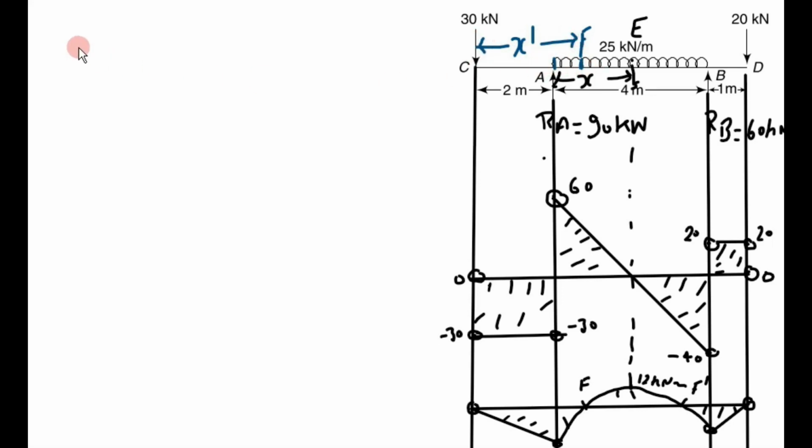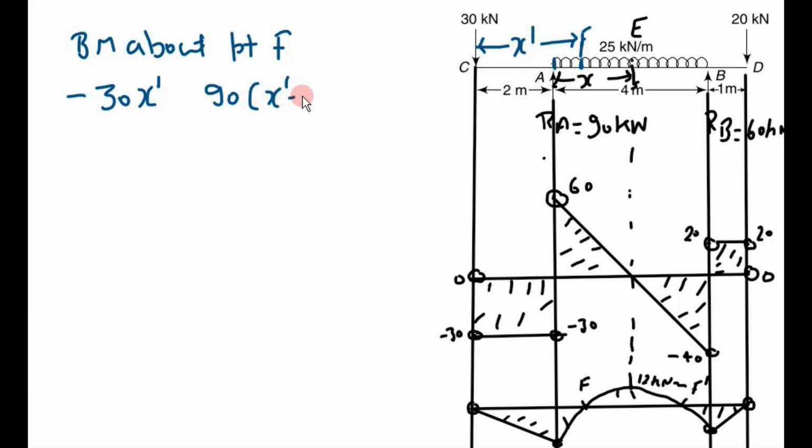Now we have to calculate bending moment about point F. So 30 kilonewton is at a distance of x dash meter from point F, and this tends to rotate the beam in anti-clockwise direction. Next is RA. RA is 90 kilonewton. It is at a distance of x dash minus 2, and it tends to rotate the beam in clockwise direction. It is positive. Last one is UDL.